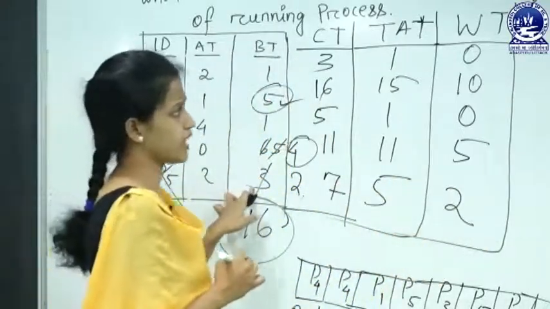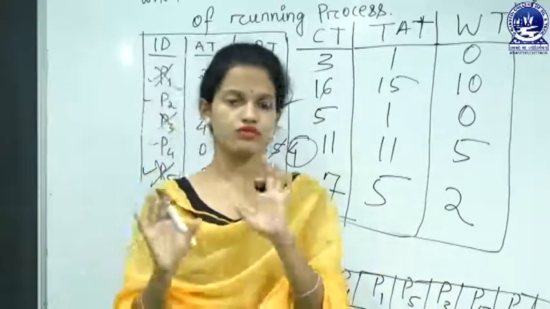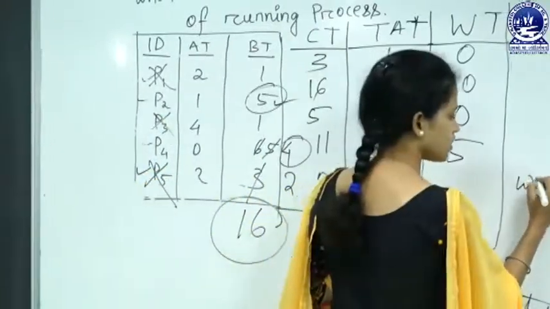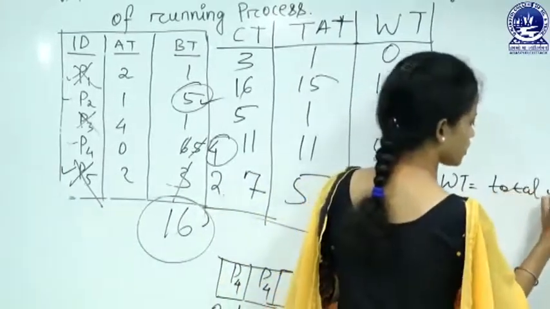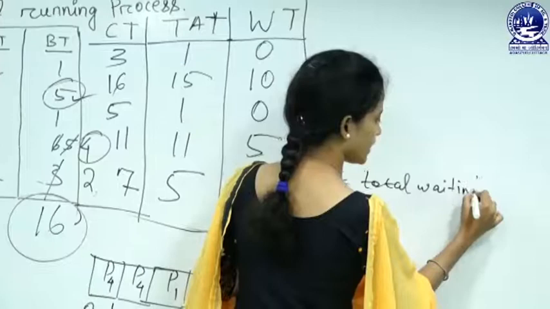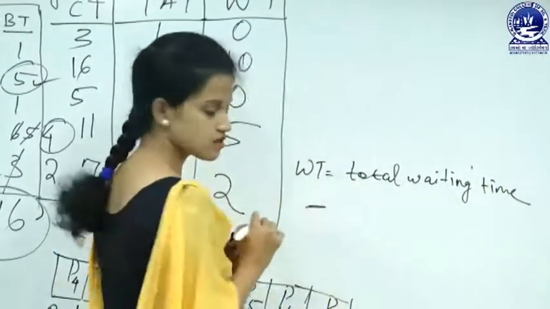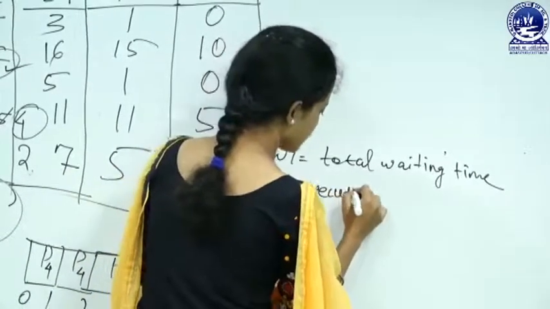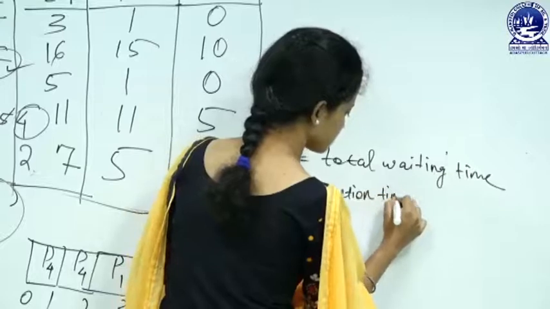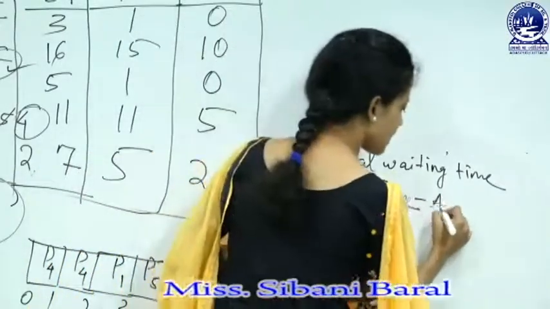That is the waiting time. In other words, you can also find the waiting time with a formula: waiting time equals total waiting time minus execution time, CPU time, minus arrival time.